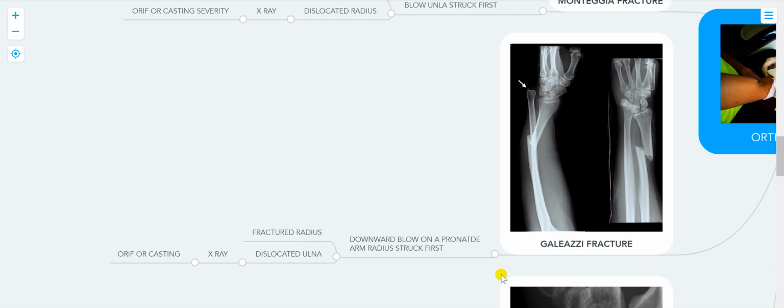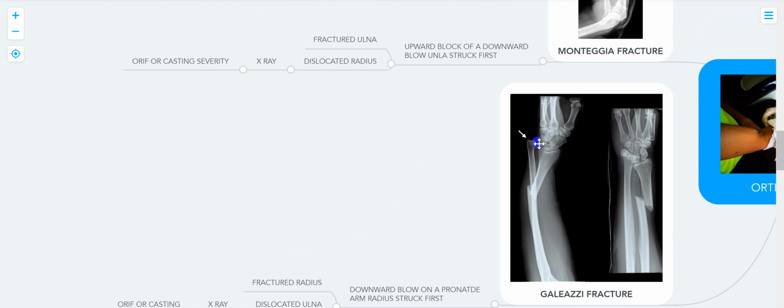Galeazzi fracture, usually a downward blow on a pronated arm. So the radius is struck first, fractured radius. You do X-ray, treatment, open reduction, or casting. So Galeazzi is a radius, while Monteggia is a ulna. How do you remember that? Monteggia has an N, and ulna doesn't have an N. But let's imagine it has an N. Oh, it's not good enough.